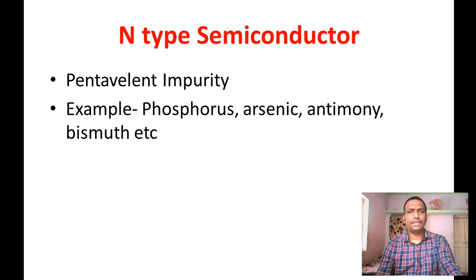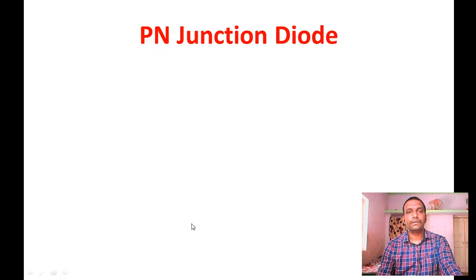So that is what p-type and n-type semiconductors mean, and they are used to form the p-n junction diode. Let's move towards the p-n junction diode concept. The p-type material and n-type material are combined with each other to form the p-n junction diode.